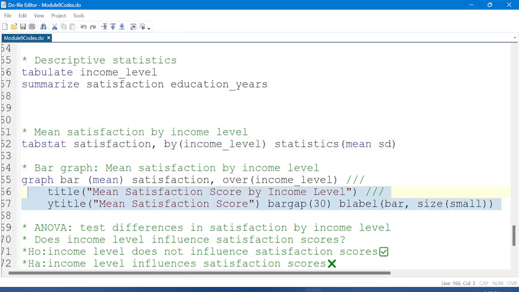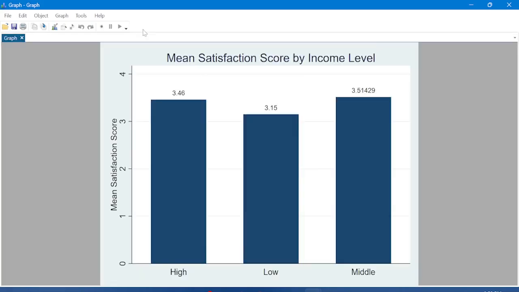Maybe you can visualize the same using a bar graph. So this is a visualization now. Yes, the middle group are the happiest compared to the rest of the groups. The least satisfied, so we can say the group that is sad, is the one in the lower income scale.